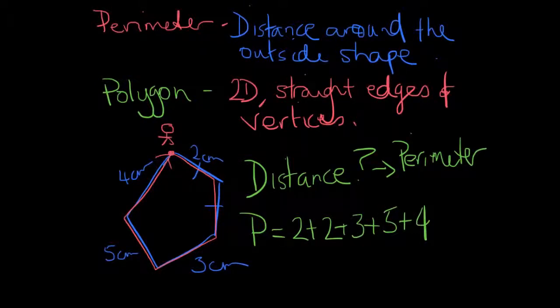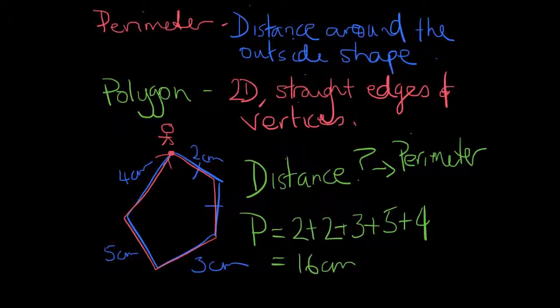So I've gone a total of how many centimeters? Let's work that out. 2 plus 2 is 4. 4 plus 3 is 7. Plus 5 is 12. Plus 4 is going to give me 16. So I have walked a total of 16 centimetres. So the perimeter of my shape is 16 centimetres.